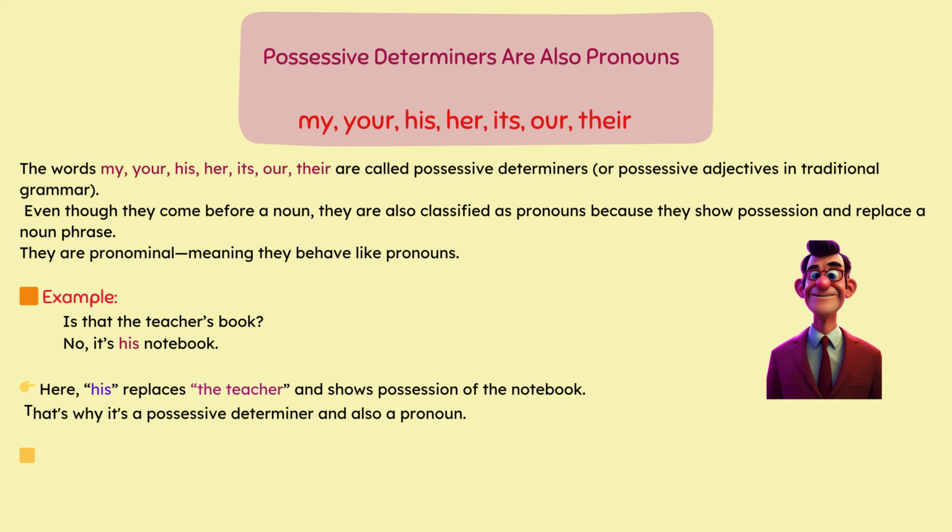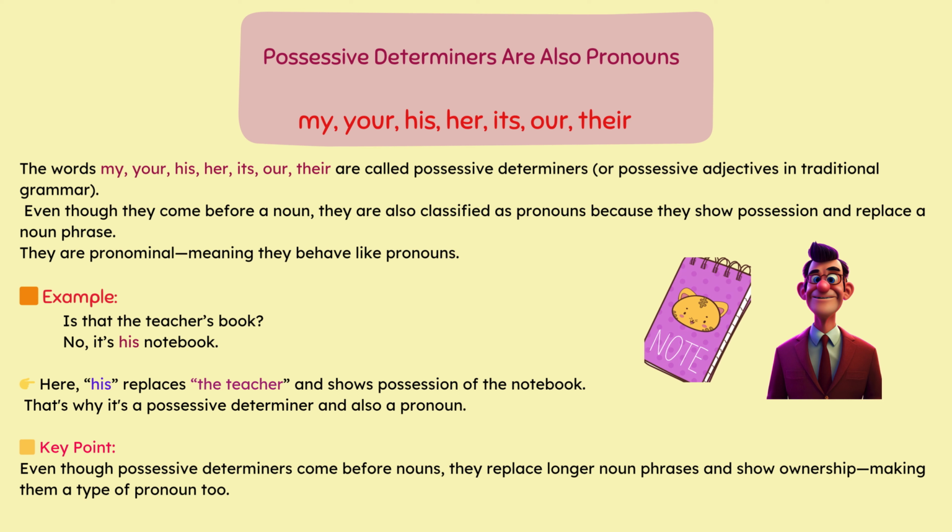Let's talk about possessive determiners. Words like my, your, his, her, its, our, their. Traditionally, we call them adjectives because they come before nouns. But here's the twist. Even though they come before nouns, they replace longer noun phrases and show possession, just like pronouns do.